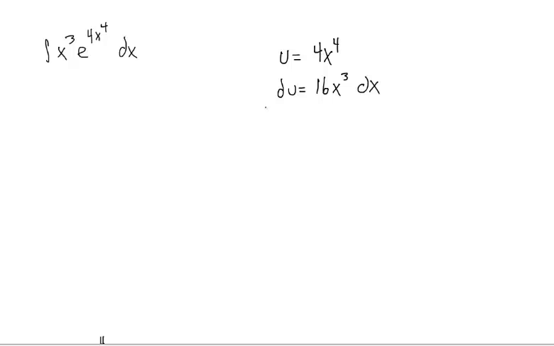So I'm going to rewrite this as 1 over 16 du is equal to x cubed dx. And now when we take a look at our substitutions, u is going to be in place of 4x to the 4th, and 1/16 du is going to be substituted for x cubed dx.